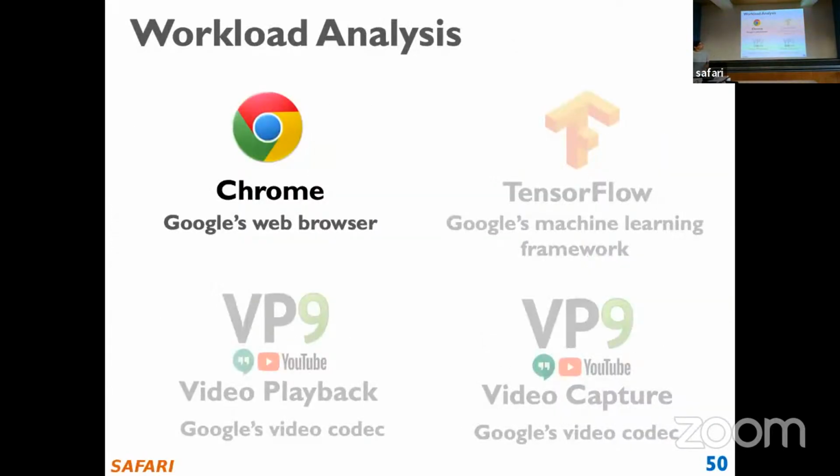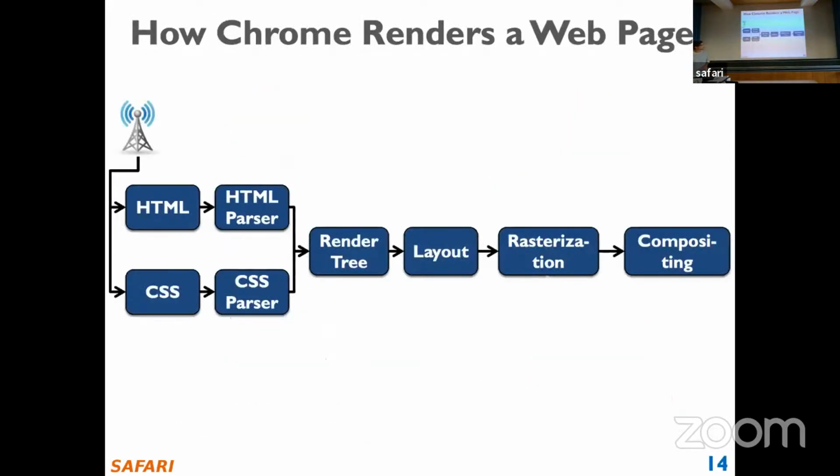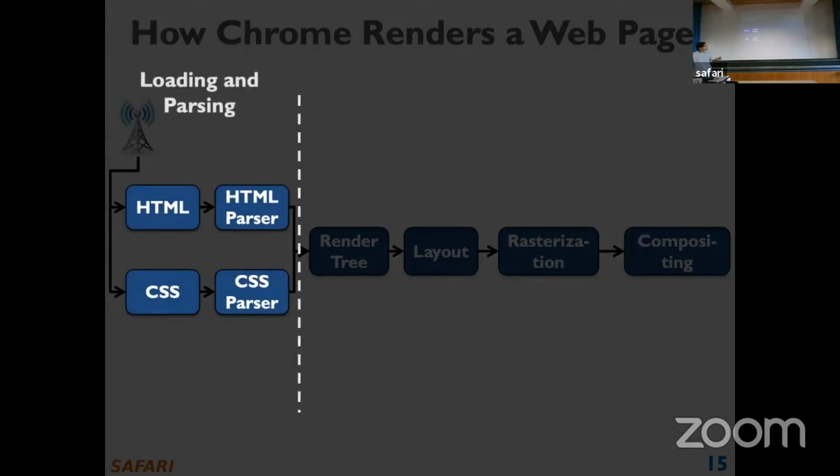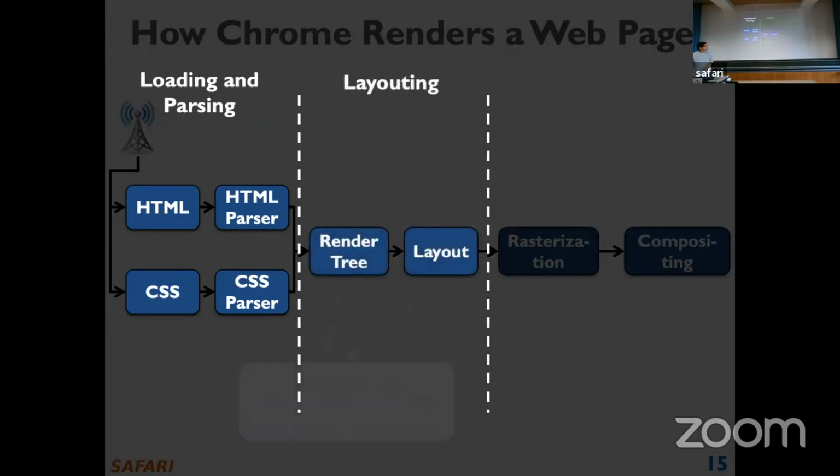Okay, the second workload to consider today is Chrome, Google's web browser. So here you just see some explanation of how Chrome renders a web page. First of all, we have loading and parsing. The page comes from the network, and we first need to do some parsing.